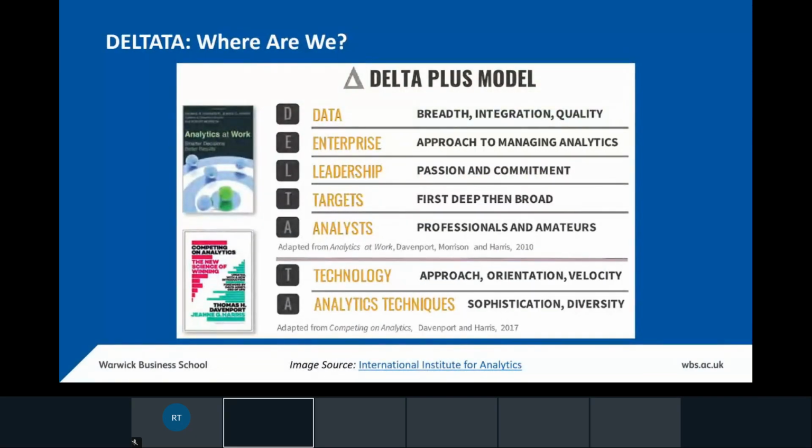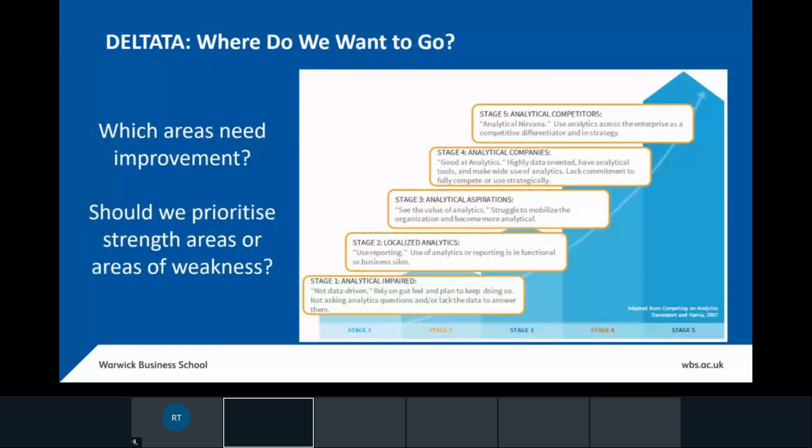So just a quick reminder of the Delta Plus or Delta TAR model. You can see all of the attributes listed in the middle of the slide there, and a little explanation about what you might be aiming for with each of those characteristics. Now, the idea of doing a Delta TAR analysis is you want to think about where you are on your journey to analytics maturity.